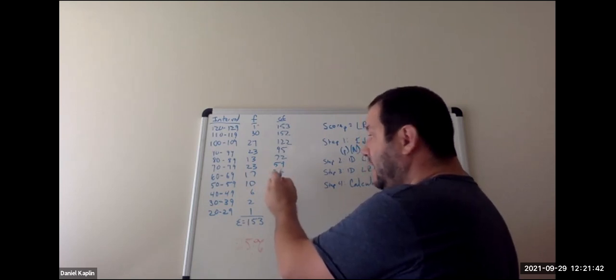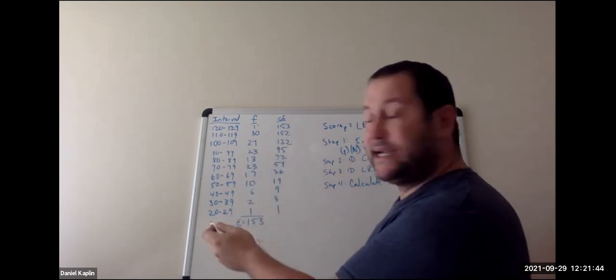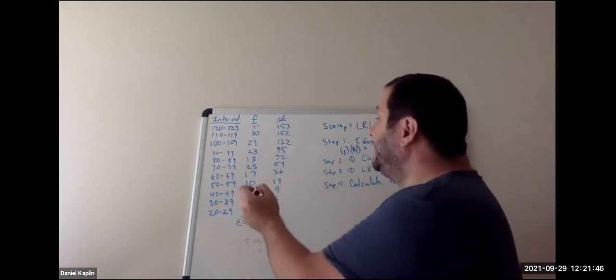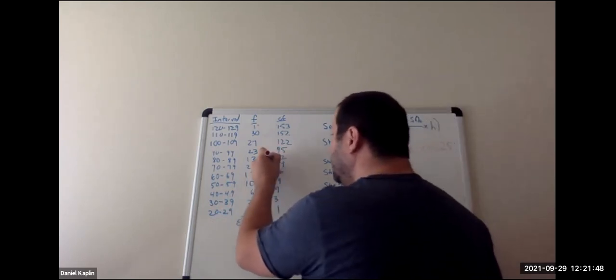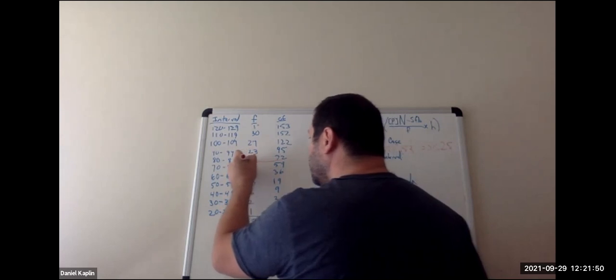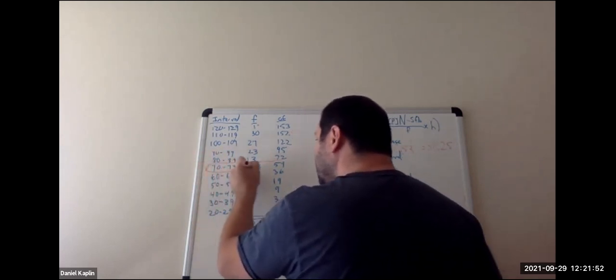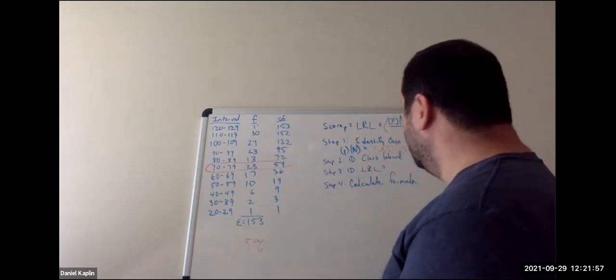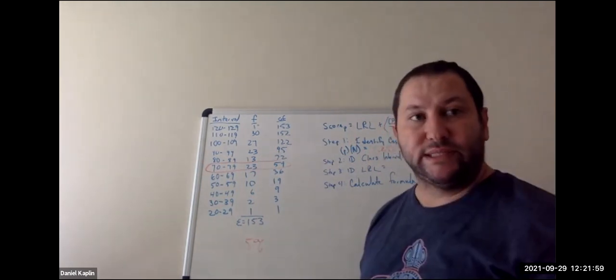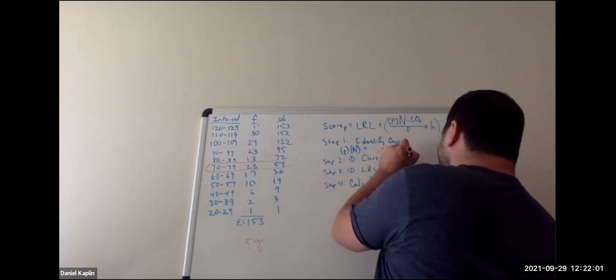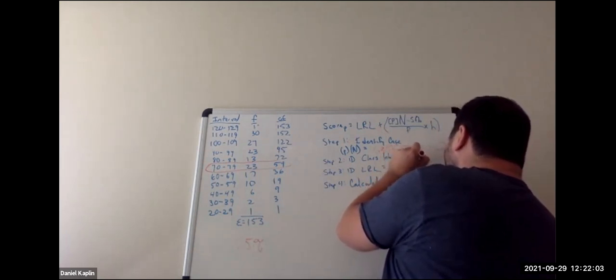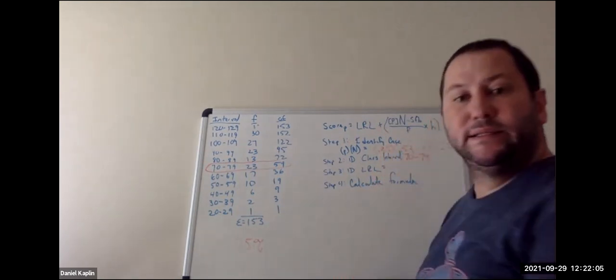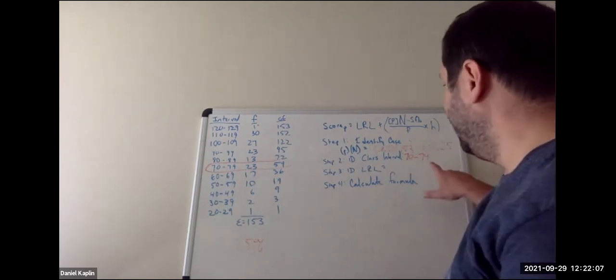It has to be, 38 is after 36, but before 59, so it has to be in that class interval. So the class interval of interest is 70 to 79.